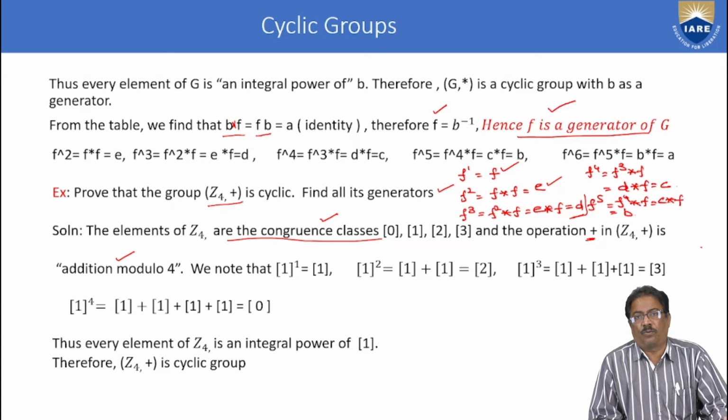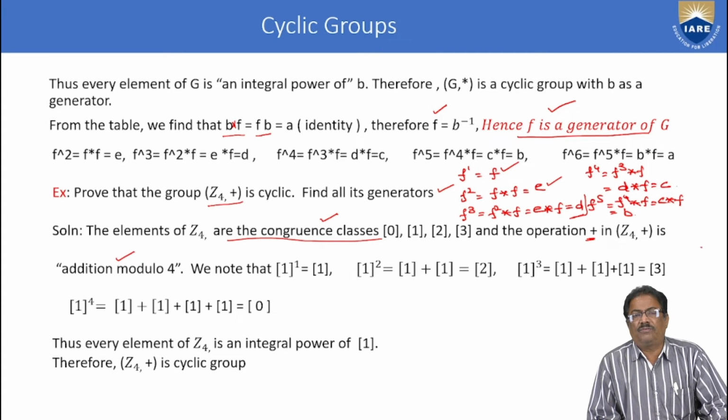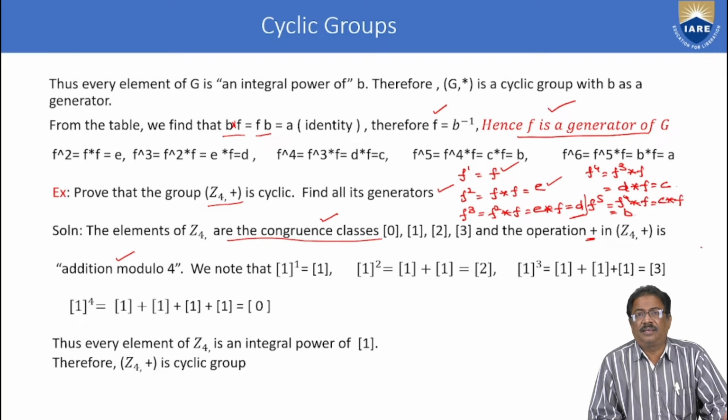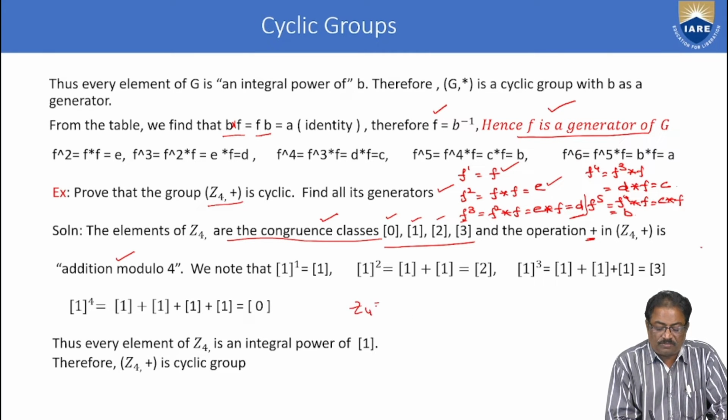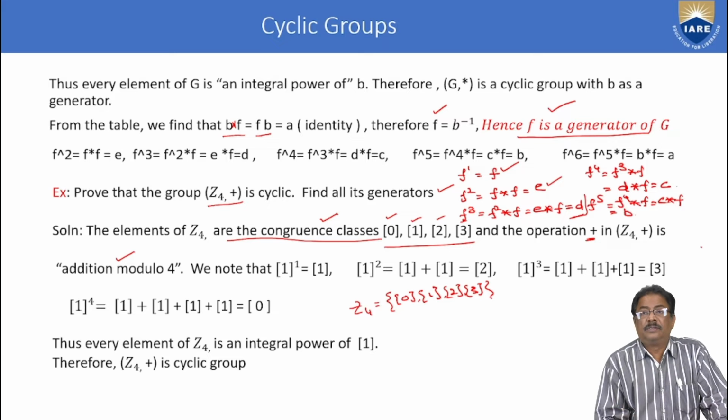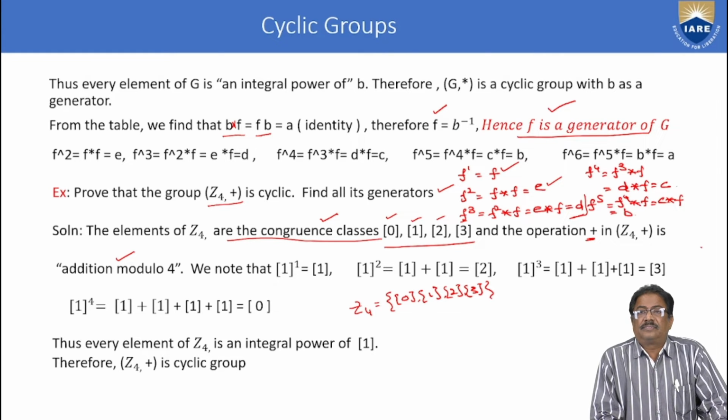That means up to 4, the congruence classes of 0, 1, 2, 3 are the elements of Z4. So Z4 consists of the equivalence classes of 0, 1, 2 and 3.